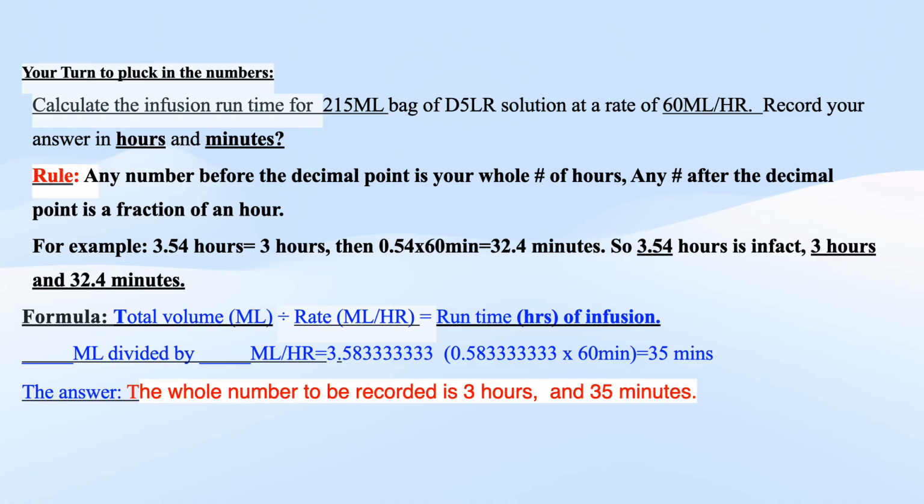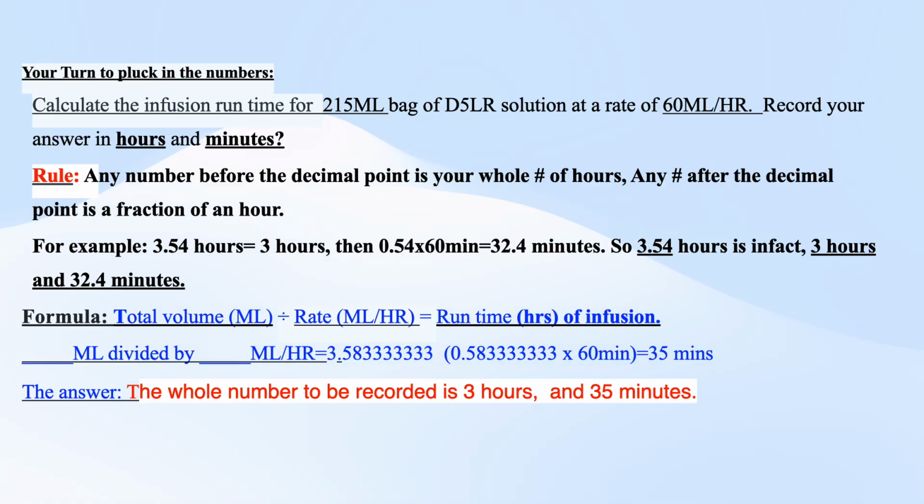Okay, I'll go back again. Go write down the formula. Take your ml from the problem, divide by the rate as given in the problem, and you have your answer. That's your infusion time, your run time. If you end up with a decimal number, any number before the decimal point is the whole number place value, that's your whole hours.